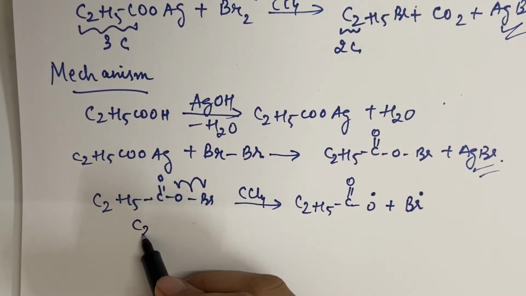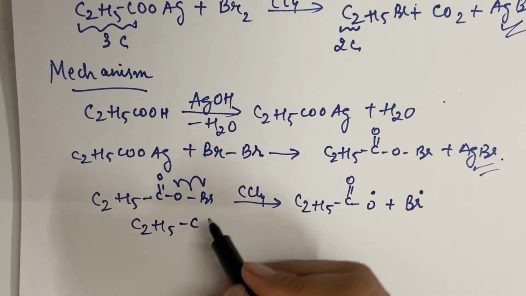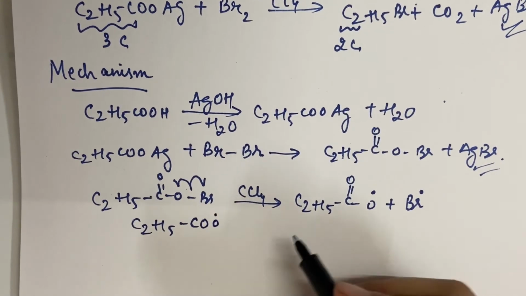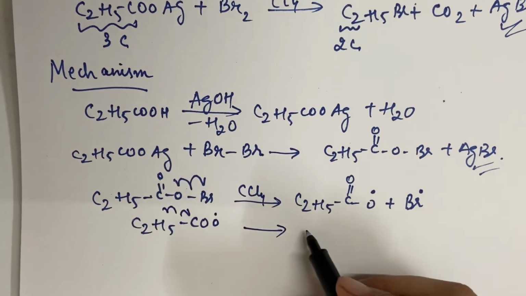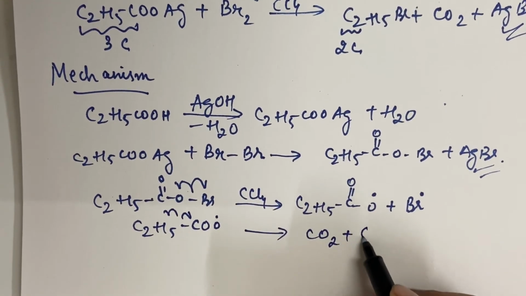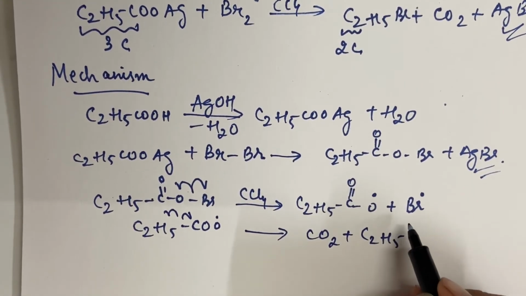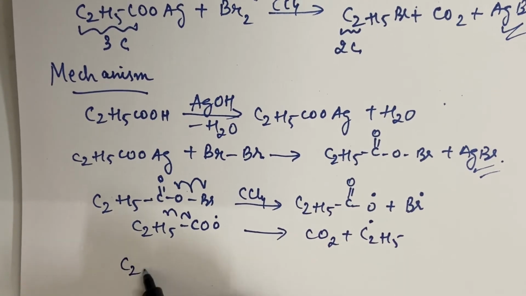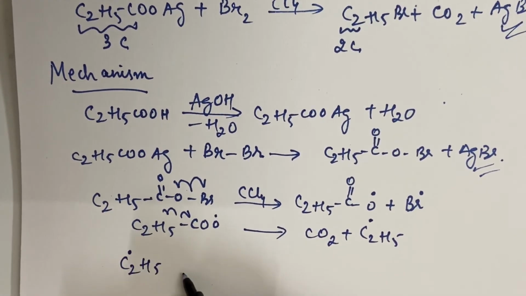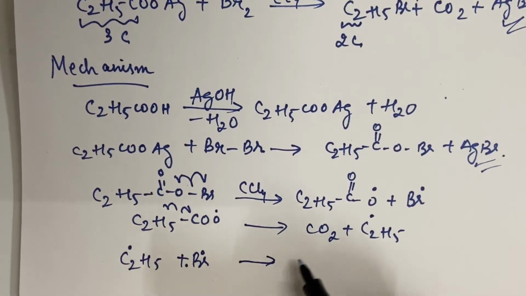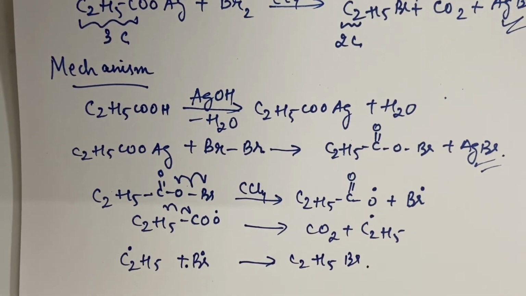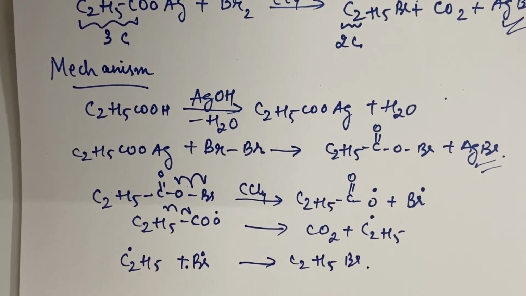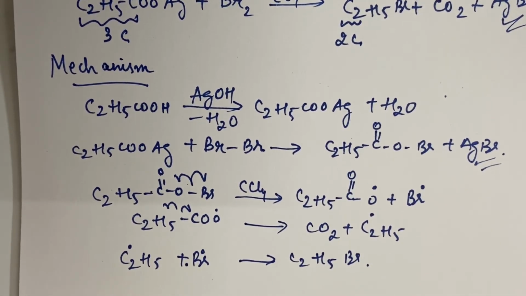So now you have C2H5COO dot. It will rearrange itself in such a way that it becomes CO2 plus C2H5 dot. Now we have to do the termination reaction. C2H5 dot will react with Br dot and it will make C2H5Br, which is our desired product. So this is about Hunsdiecker reaction.